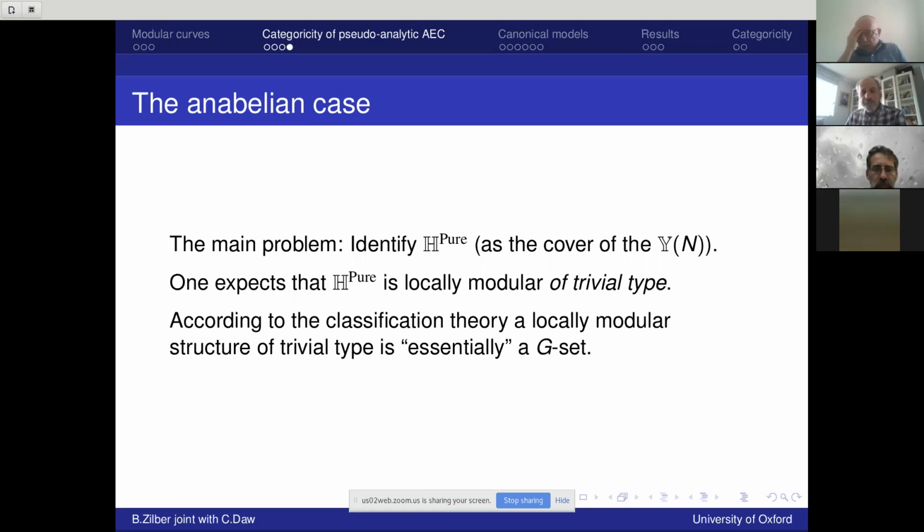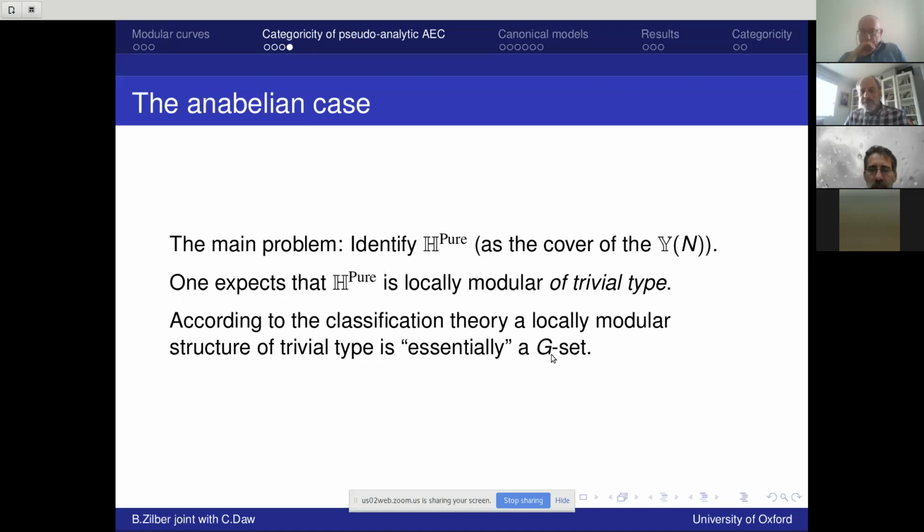Okay, according to this very general principle of the classification theory, model theory, classification theory, in the abelian case, it would be locally modular of linear type. And in the hyperbolic case, it must be locally modular of trivial type. And what we know in advance is that locally modular of trivial type is essentially, well, needs a lot of explaining here, but let me just jump over it.